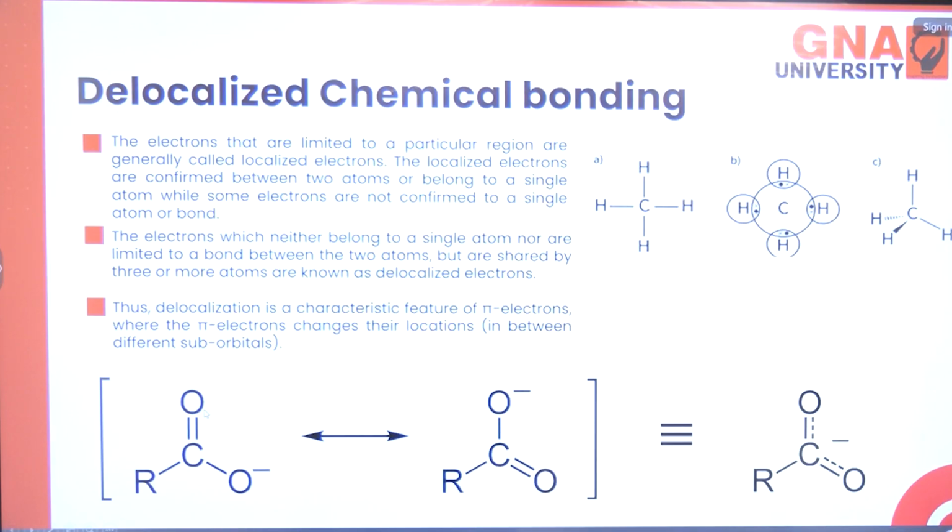So these 2 pi electrons are not localized on only one carbon and one oxygen atom, but are delocalized over these 3 atoms, that is 2 oxygen atoms and 1 carbon atom. In the third structure, where I have represented the 2 pi electrons with a dotted structure, these are the delocalized electrons.